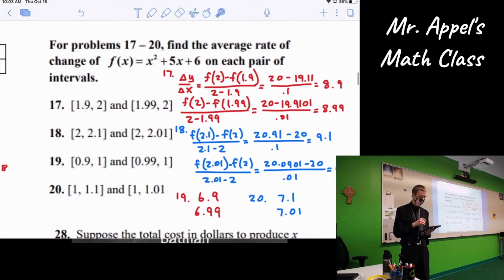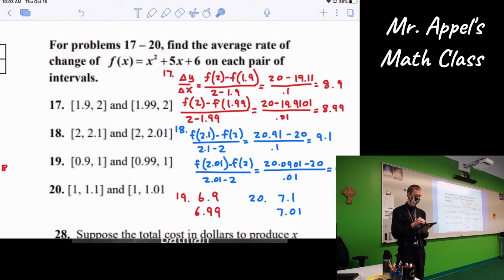Next up, still finding average rate of change, but now it's of the given function between each pair of intervals. And this one, I apologize, I didn't realize that each question was actually 2 questions in one. They want the average rate of change between this number and that number, and this number and that number for each one.